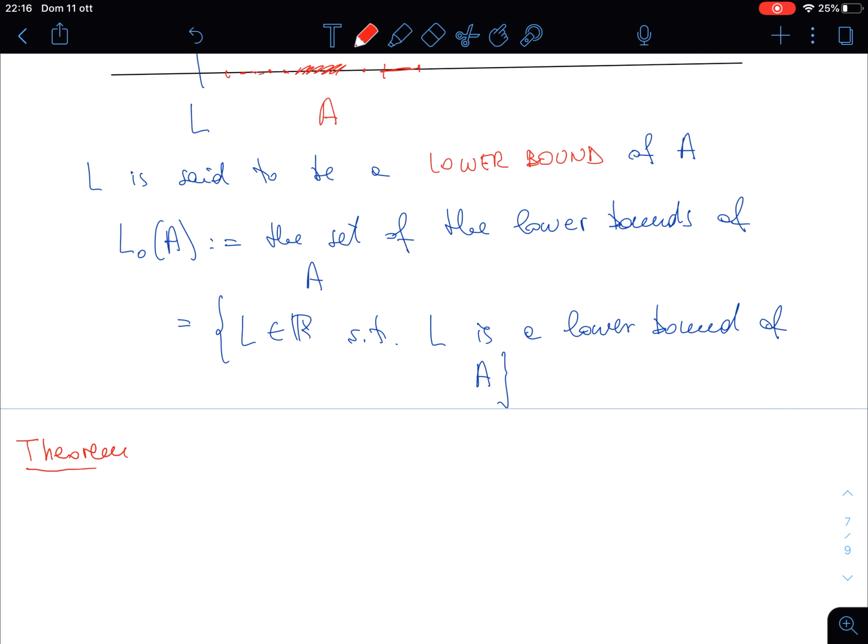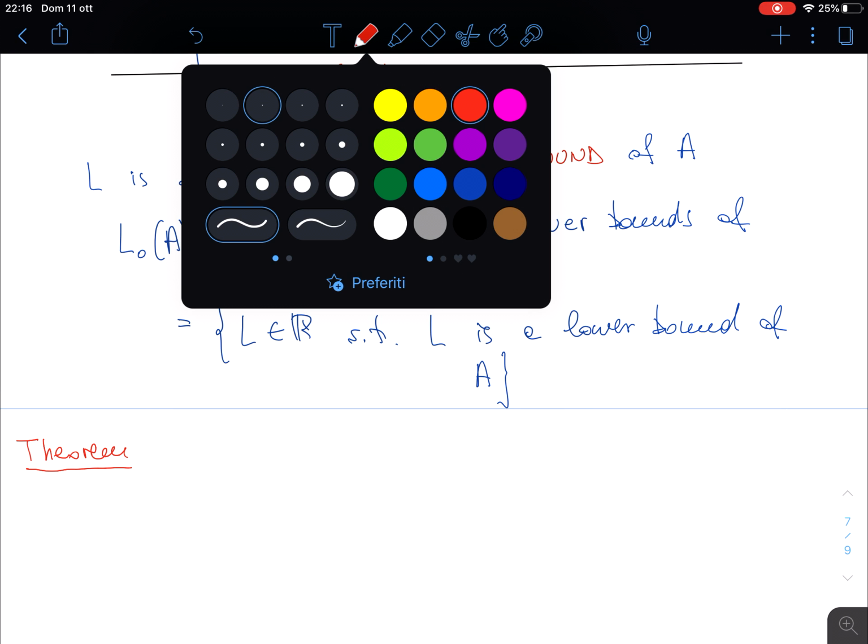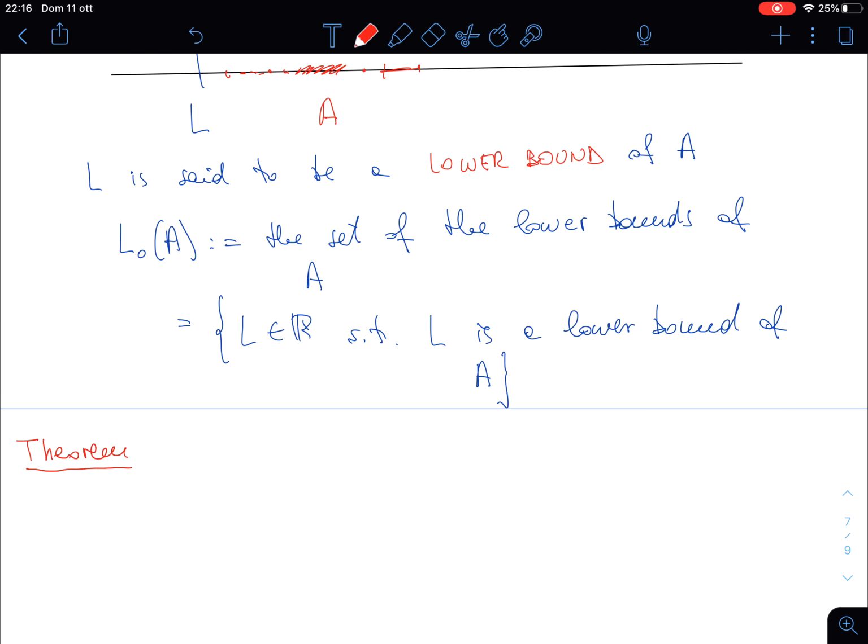Now the theorem is the following. Of course, it is completely symmetric to the theorem we proved for introducing the supremum. So we have that if A in R is lower bounded, then the set low of A has a maximum.